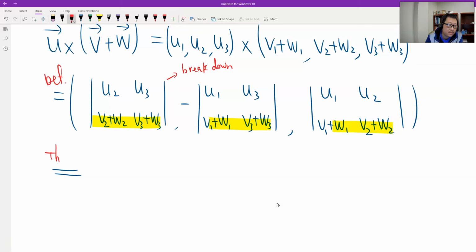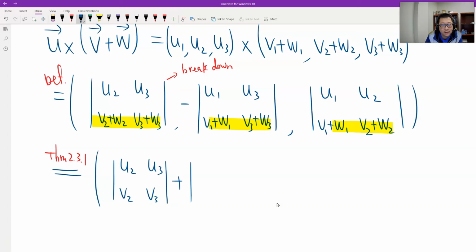Okay, we check 2.3.1. We can break each down into the sum of two vectors. So what is the first? The first is U2, U3, V2, V3, plus U2, U3, W2, W3. Okay, so that's theorem 2.3.1.